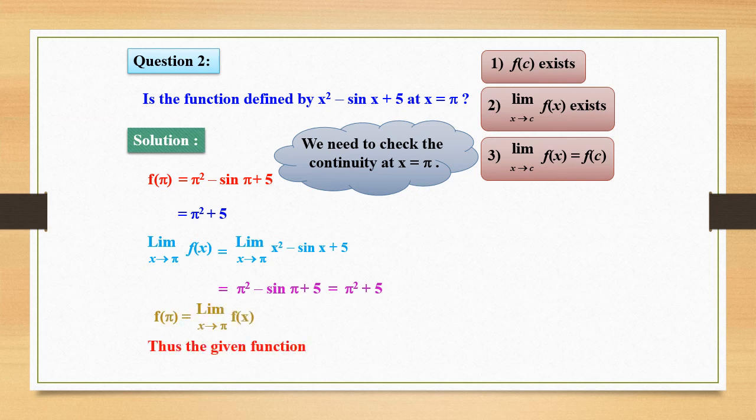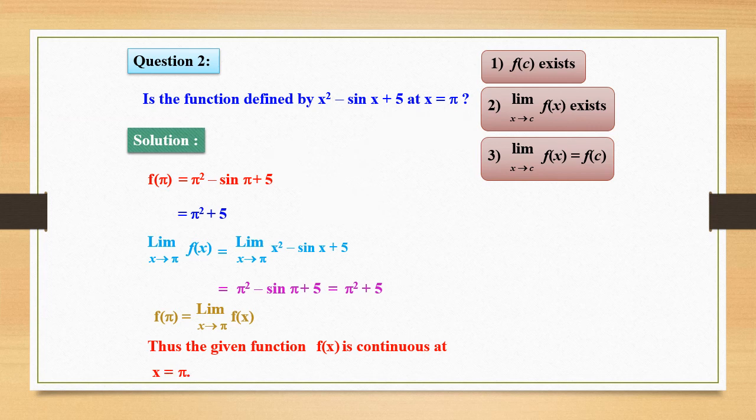Therefore, we can say that the given function is continuous at x is equal to pi.